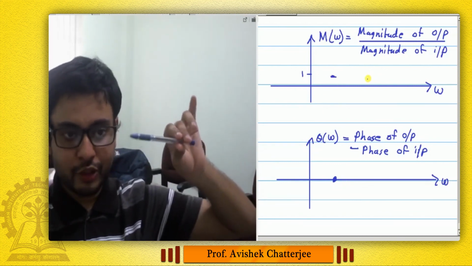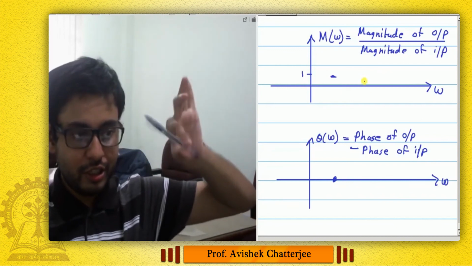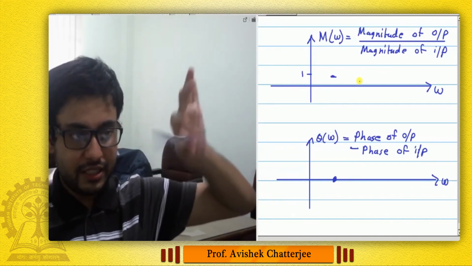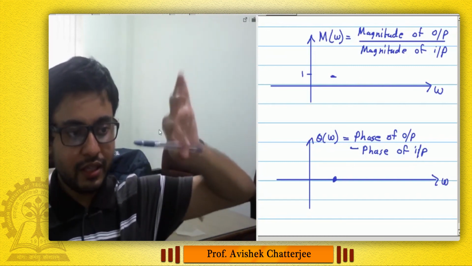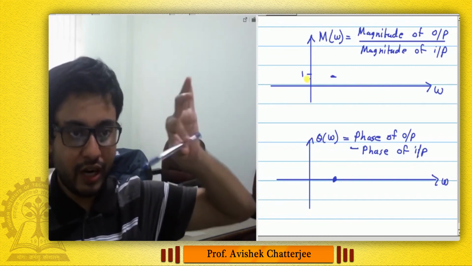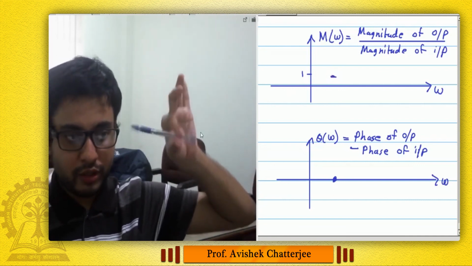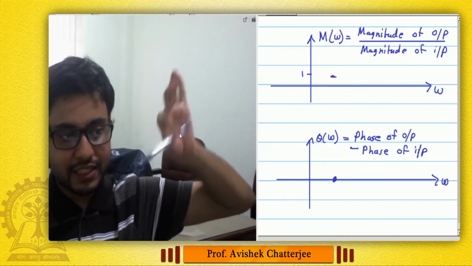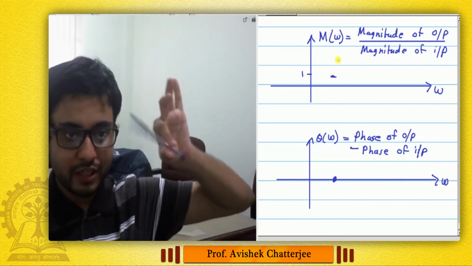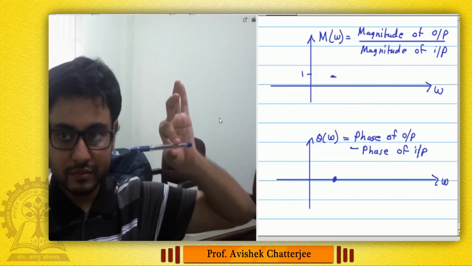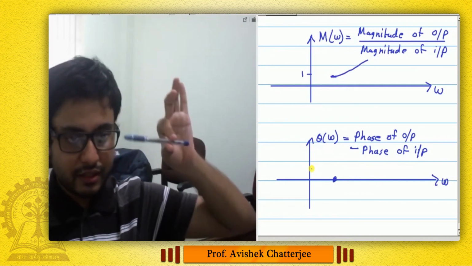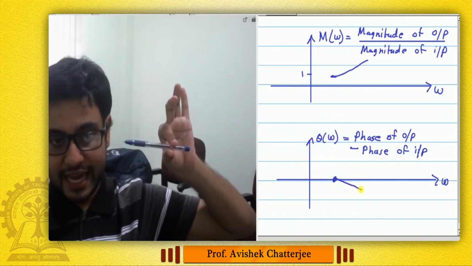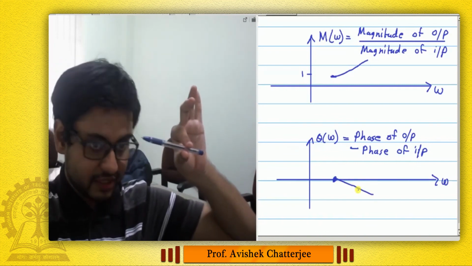At high frequency you also saw that the gain increased first. So here the input amplitude is less than the output amplitude. So this M goes up and we get some phase lag between input and output.